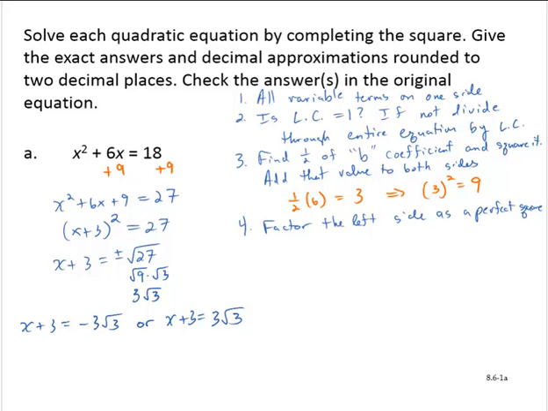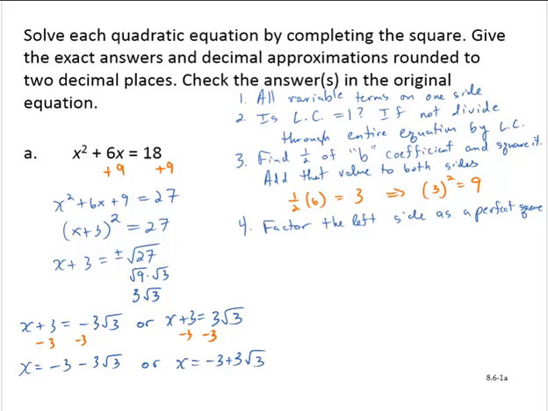And now we'll solve for x, or isolate x, by subtracting 3 from both sides. Remember that that is not a like term with the 3 root 3. So x is equal to negative 3 minus 3 times the square root of 3, or x is negative 3 plus 3 times the square root of 3.